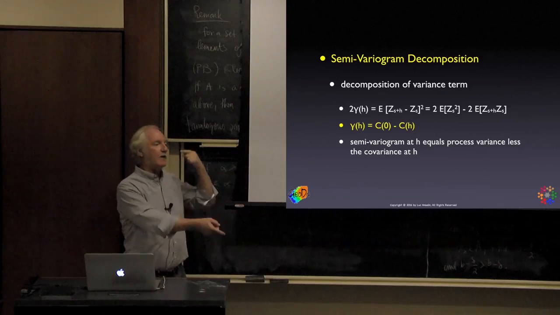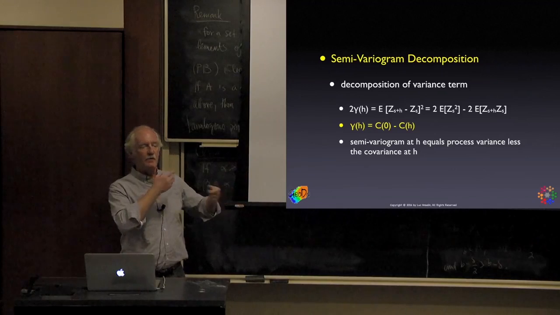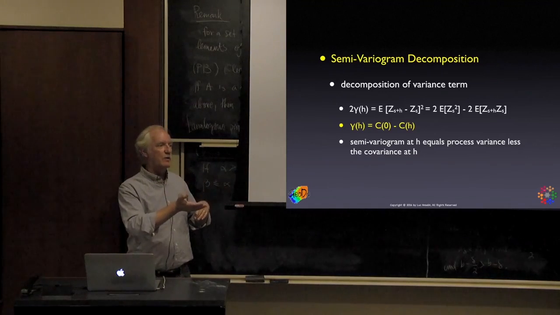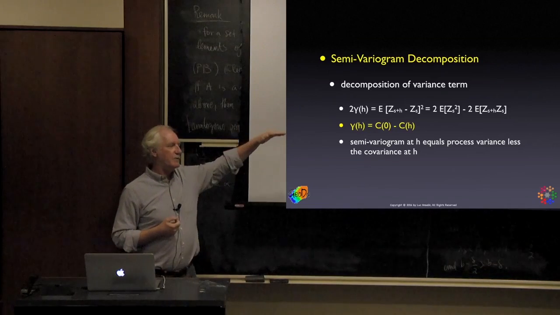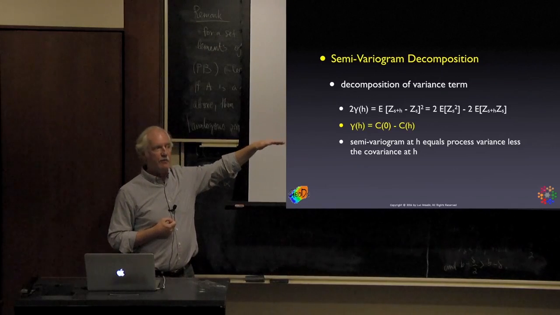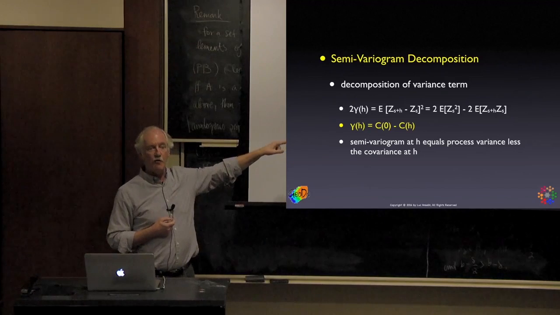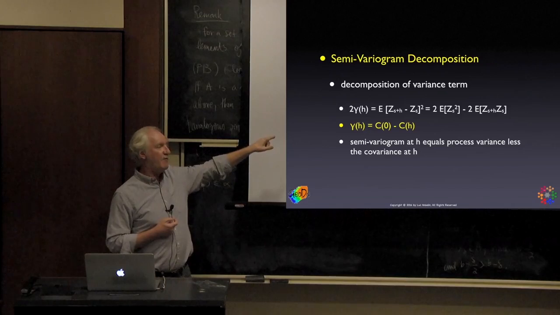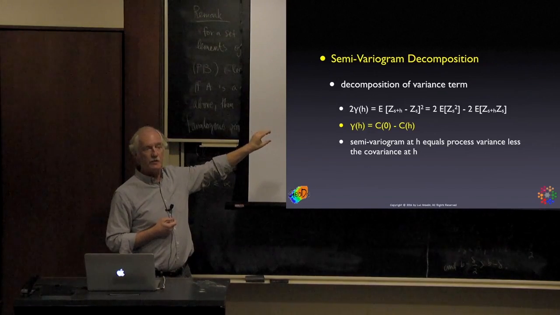So these two are like duals of each other in the economic sense, two sides of the same coin. So you look at the semi-variogram, it goes up with distance, and at some point it is flat, equal to the variance of the process. Because at some point, for all practical purposes, the covariance will be 0. So what you end up with is semi-variance equal C0, equal the variance of the process.